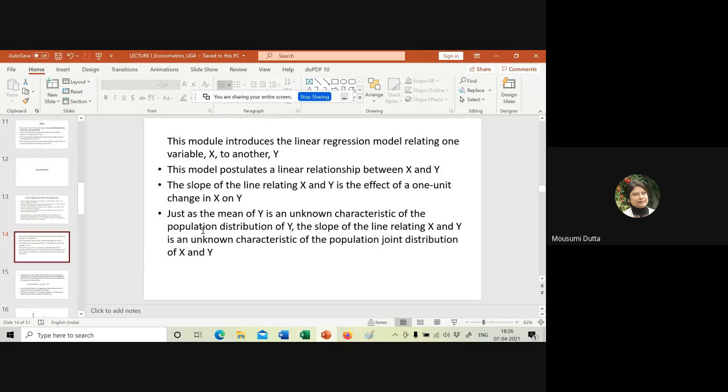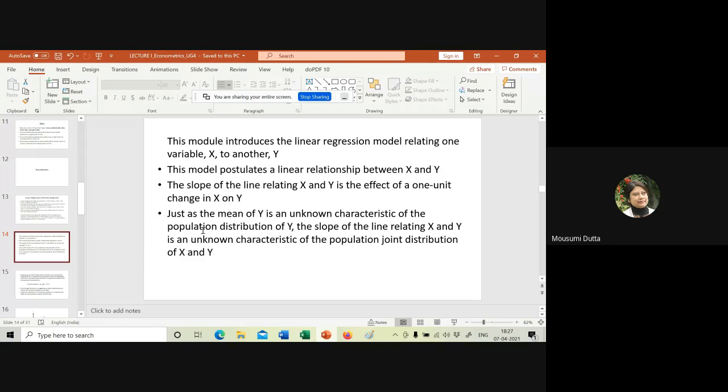On the basis of x and y, we would like to estimate these unknown population characteristics and establish a relationship between y and x. So actually, from the sample, we would like to move towards the population.